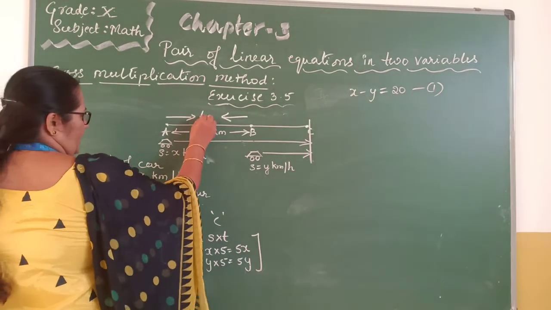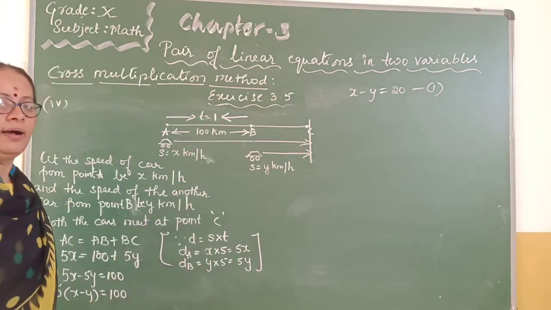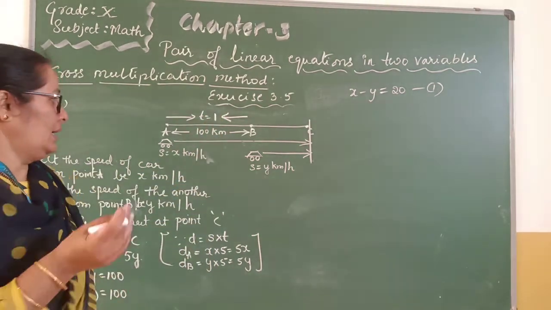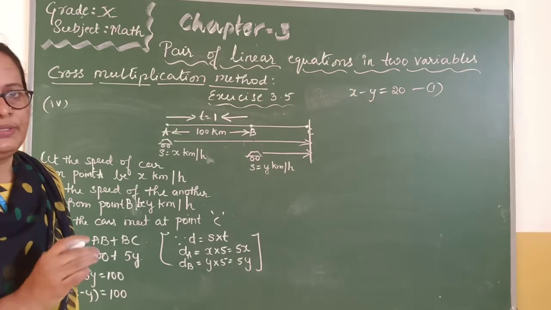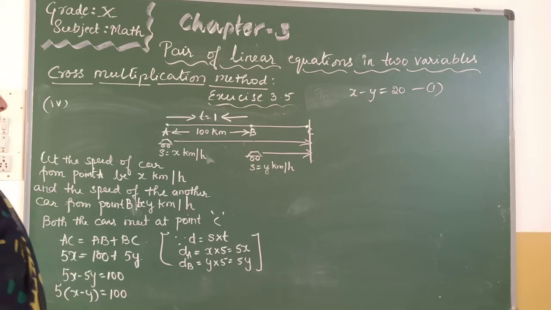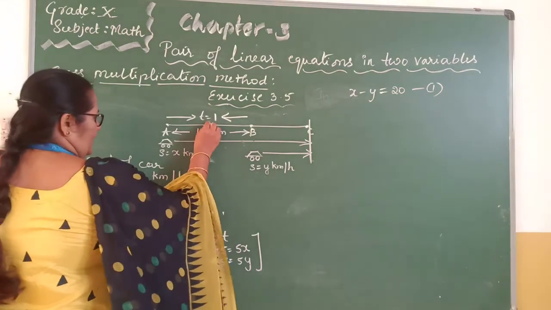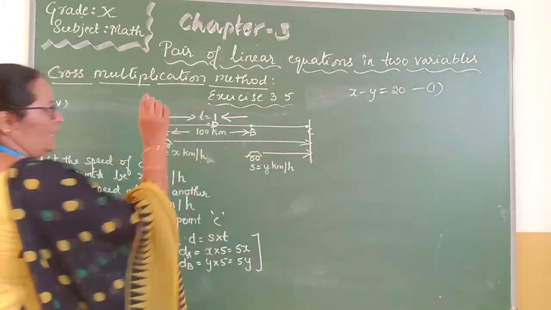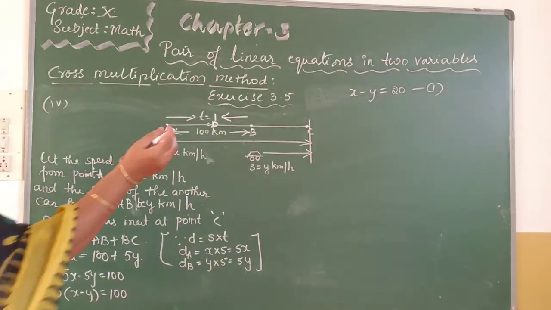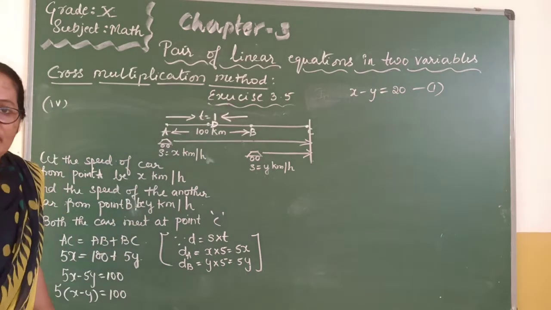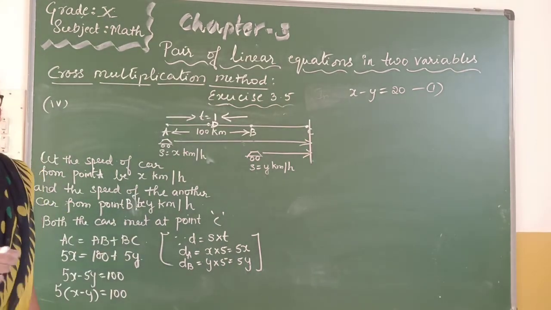So time taken is 1 hour. Both the cars meet each other in 1 hour. So this is the second condition. Take the point D here. At point D, both the cars meet after 1 hour.